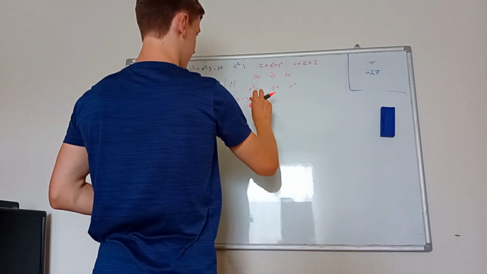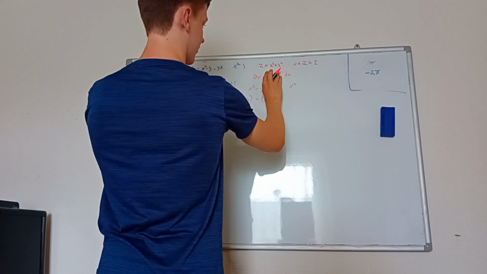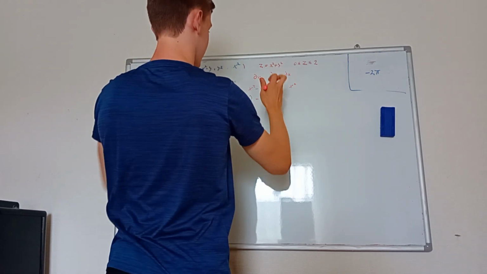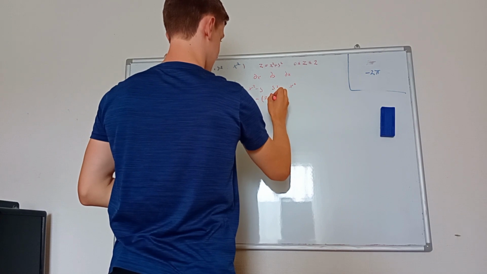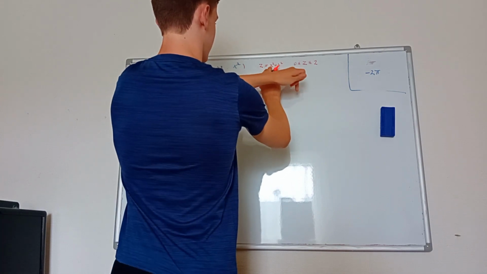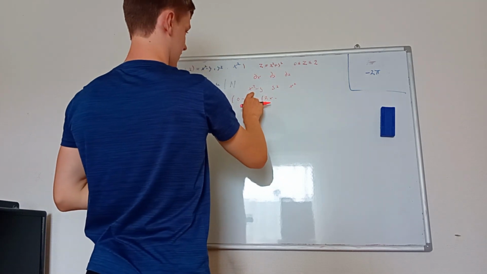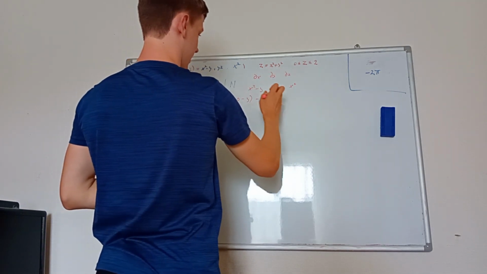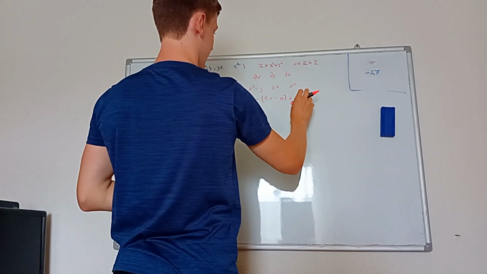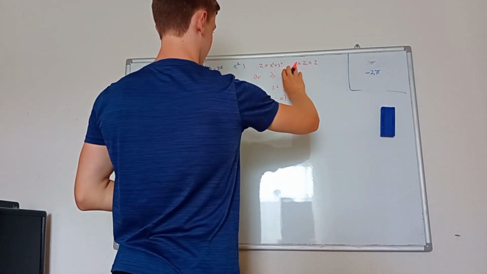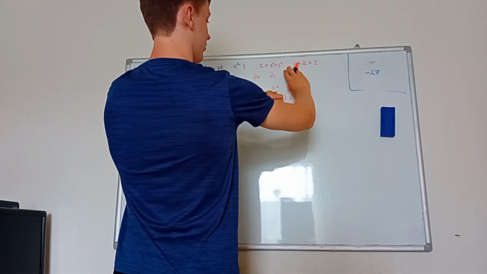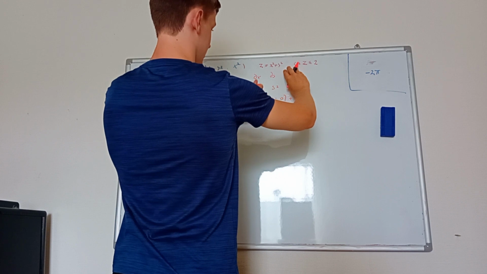And we have negative, cover up this. We have the partial derivative of x squared, that's 2x, minus the partial derivative of z of x squared minus y. That's 0. And then lastly we have plus, cover up this. The partial derivative of x with respect to y z, that's 0.